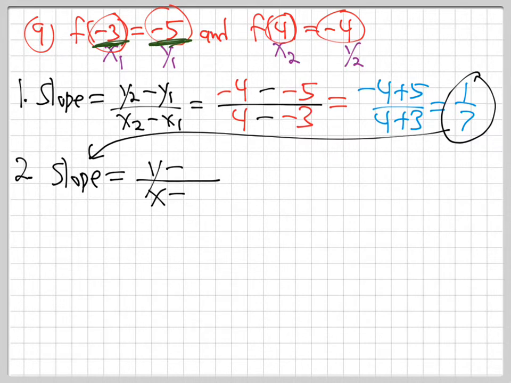It'll work out the same either way. Be careful to make sure the x goes behind the x and the y goes behind the y. It's easy to accidentally do them backwards. That'll mess you up. Right, so this -3 has to go here behind the x.